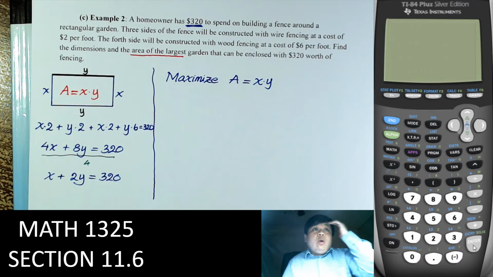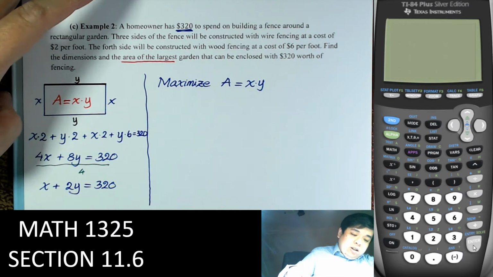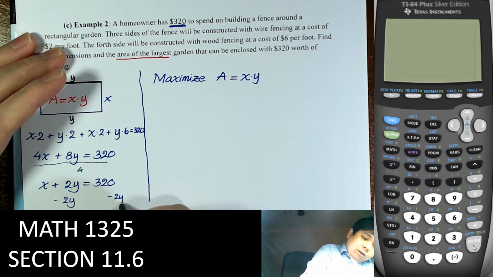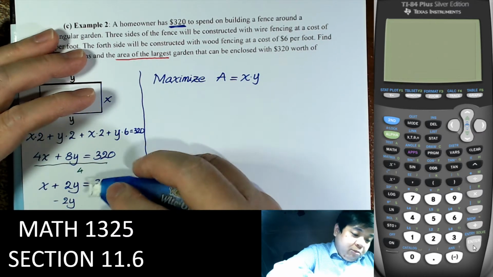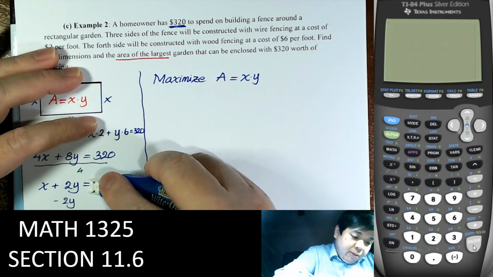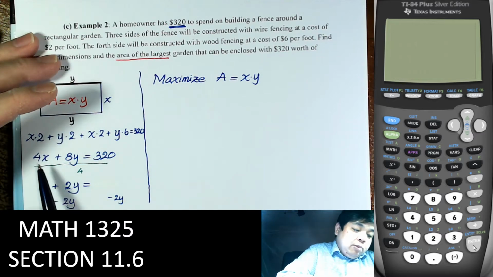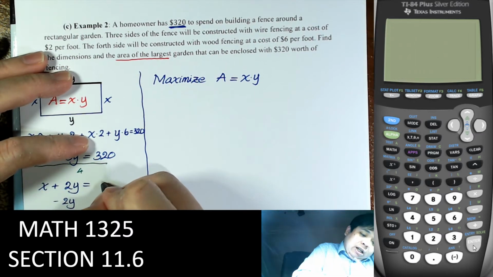Of course, we can solve for either x or y. In this case, why don't we just solve for x? Just subtract the 2y to the other side. x equals 80 minus 2y.